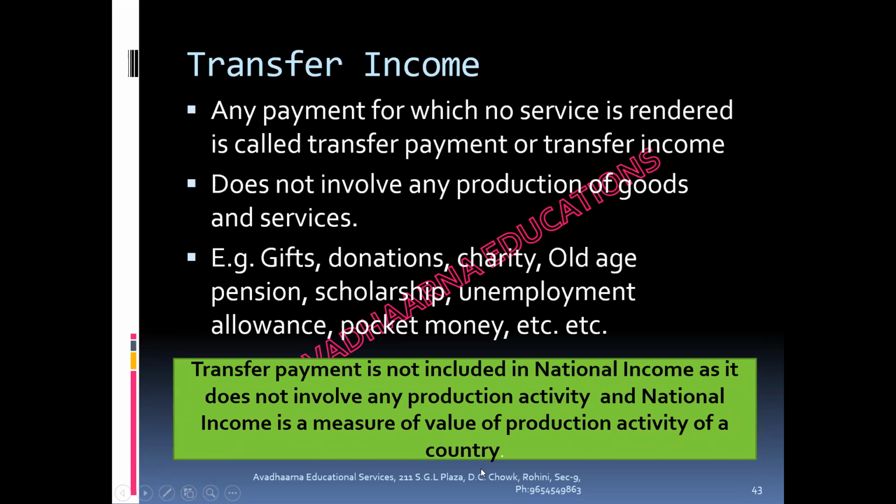National income calculate करते समय हम जो फैक्टर इनकम अर्न होती हैं उनको इंक्लूड करते हैं. जो ट्रांसफर इनकम होती है जिनके बदले में कोई सर्विसेज रेंडर नहीं होती है उसको हम नेशनल इनकम के अंदर include नहीं करते हैं. Reason again, because it does not involve any production activity.